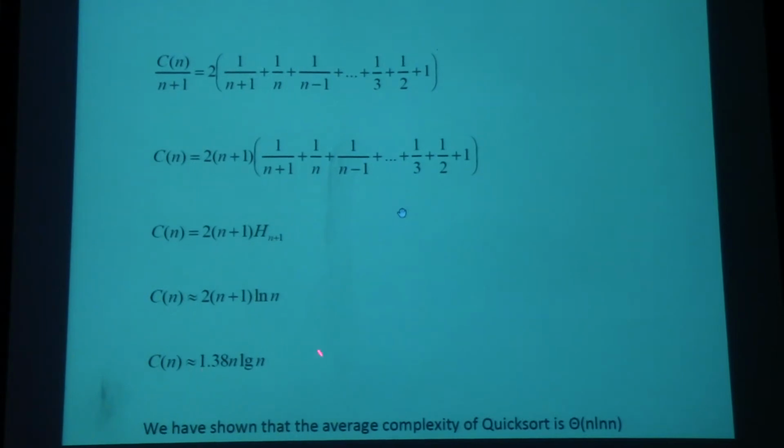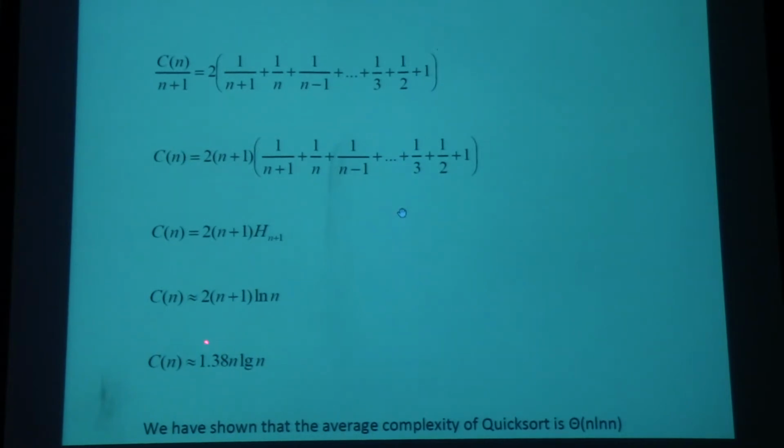This is the sum of the depths of an average tree. When I divide it by n, I get what? 1.38 log n, and what does it represent? We did a shape analysis, tree analysis, right?